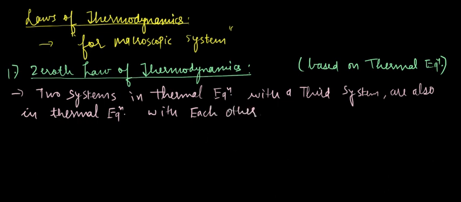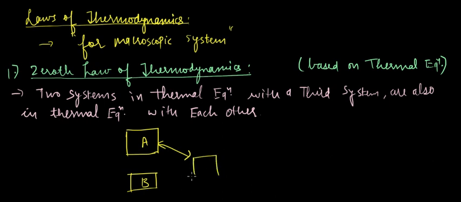Okay, so pictorially, if I represent system A with a rectangle and mark A inside it, and a system B, they both are in thermal equilibrium with, let's say, a system C. Now the zeroth law says that if system A is at temperature T, then C would also be at temperature T, and we are also given that B and C are in thermal equilibrium with each other.